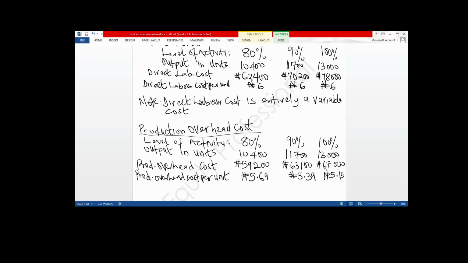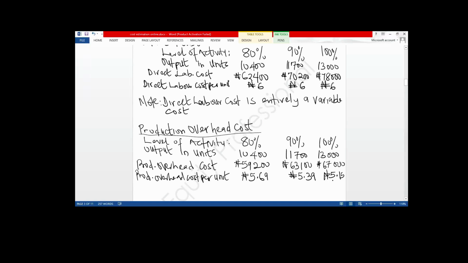When we produce 10,400, the overhead cost per unit is 5 naira 69 kobo. When we increase production to 11,700, the overhead cost per unit falls to 5 naira 39 kobo. When we increase production to 13,000 units, the overhead cost per unit is 5 naira 15 kobo.